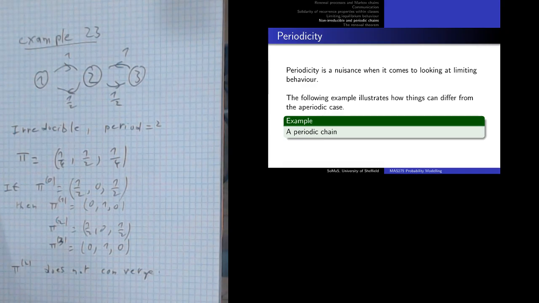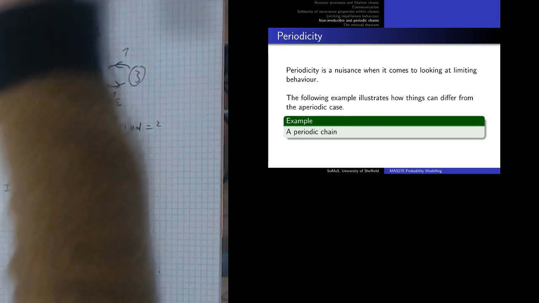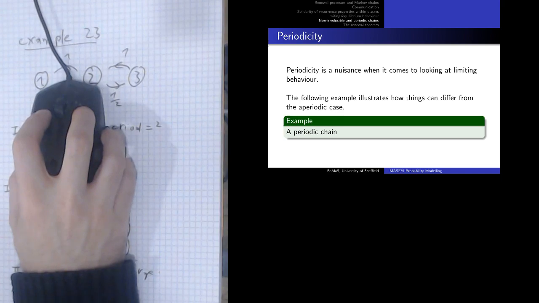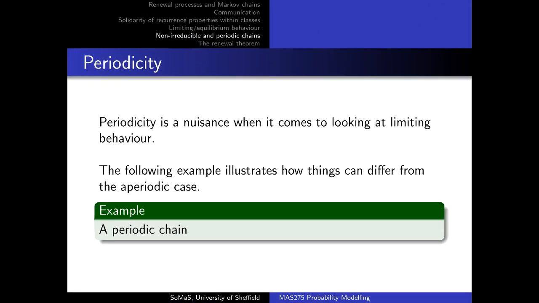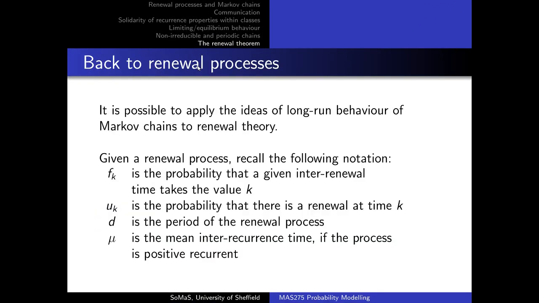Now let's move on to the final section of chapter 3, which is we're going back to renewal processes. And what's going to happen is that Markov chain theory has some interesting things to say about renewal processes. So maybe you need to be reminded of the notations. Fk is the distribution of the inter-renewal times.